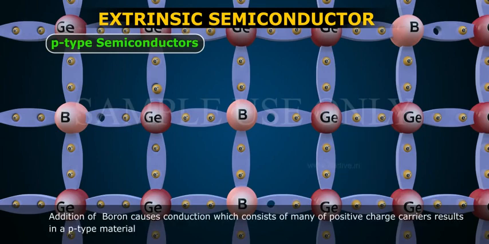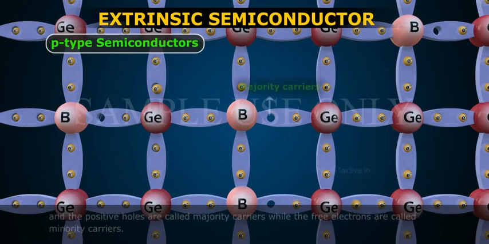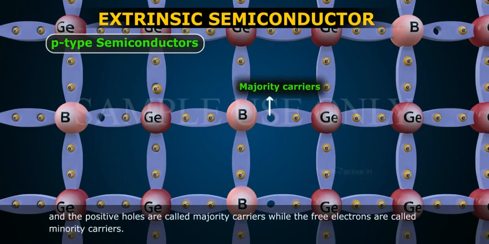Addition of boron causes conduction, which consists of many positive charge carriers, resulting in a P-type material, and the positive holes are called majority carriers, while the free electrons are called minority carriers.